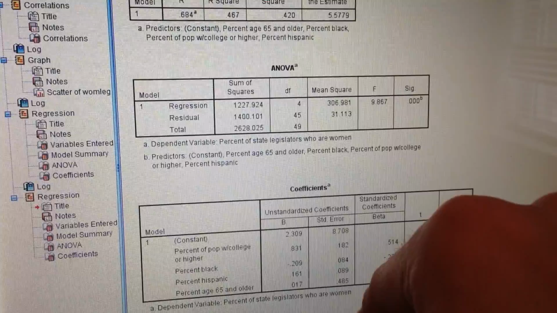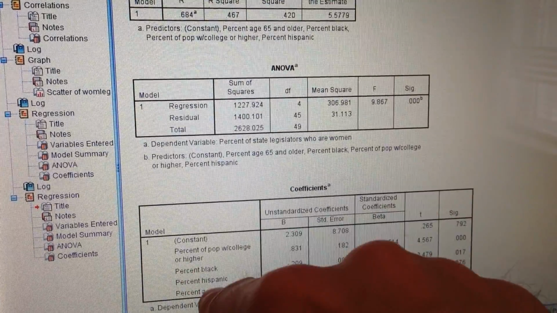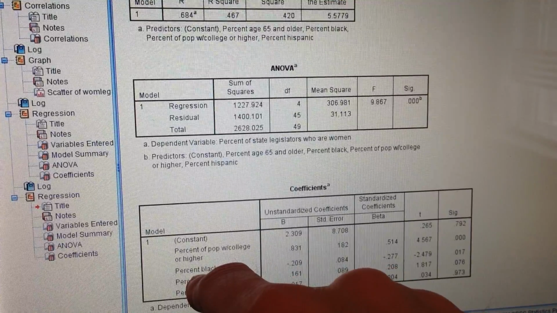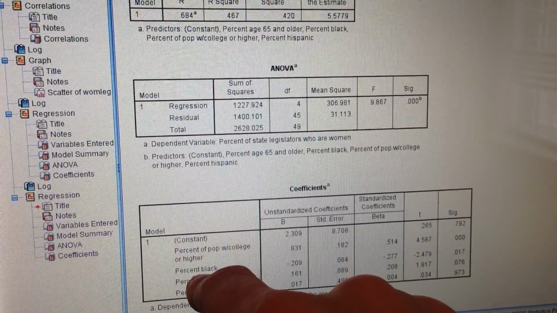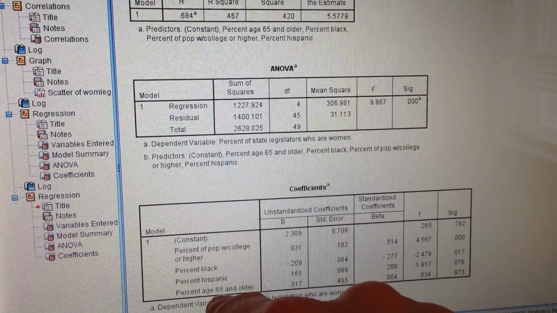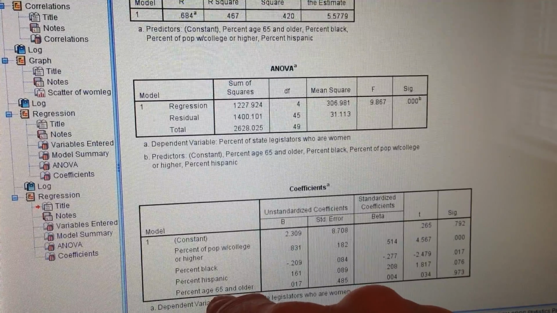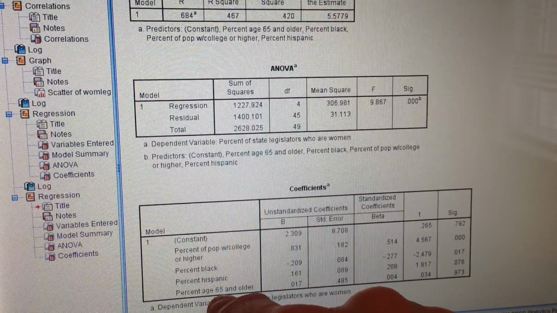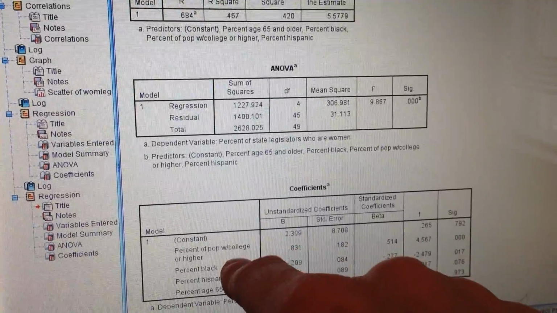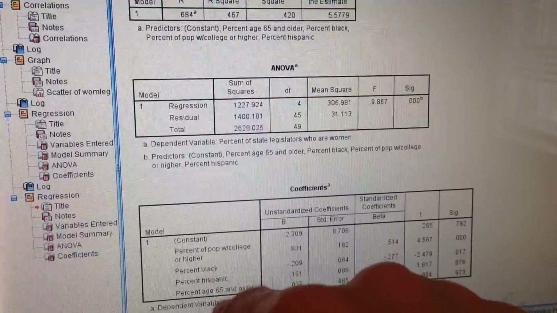No, we are creating an experimental situation through statistics where we simulate 2 states that have the exact same percentage of Blacks in their population, the exact same percentage of Hispanics, and the exact same percentage of people who are age 65 or older. Then we are seeing the difference between one movement of the college variable when all these are controlled.